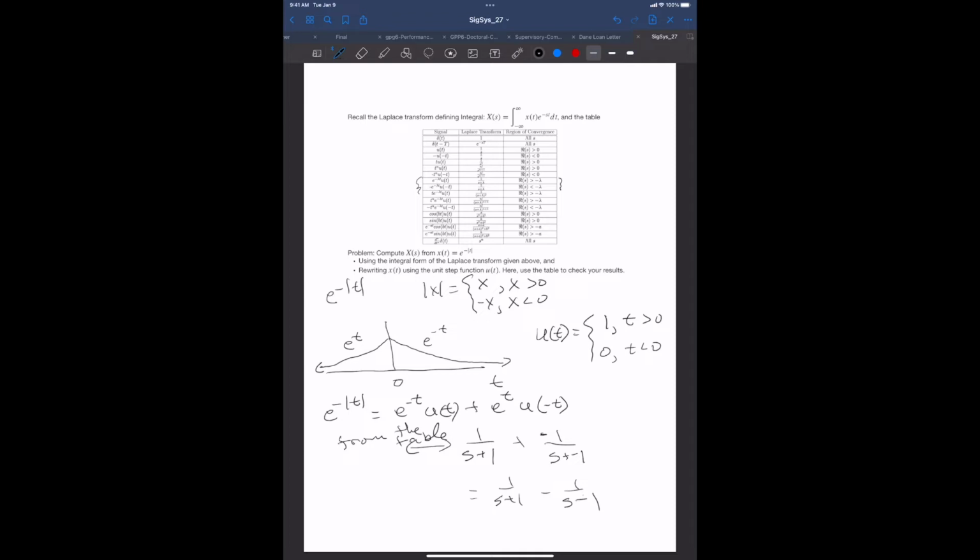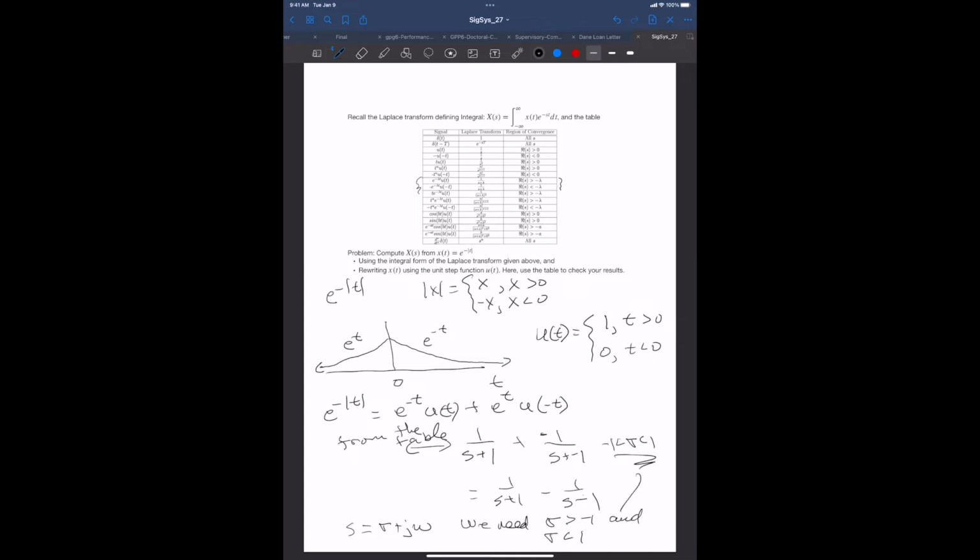If you look at the last column too, you can see that s equals sigma plus j omega, right, our complex frequency. I need sigma to be greater than -1 and sigma less than 1, which we would normally write as -1 less than sigma less than 1, right?